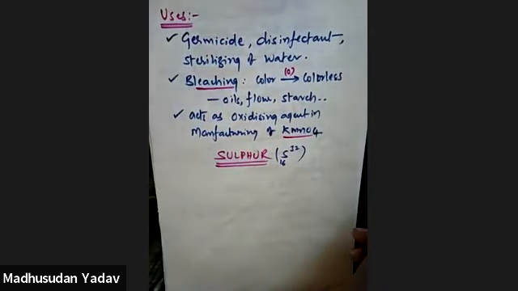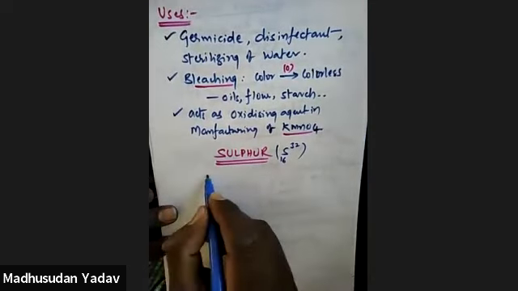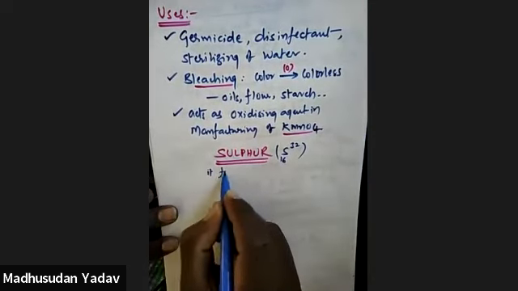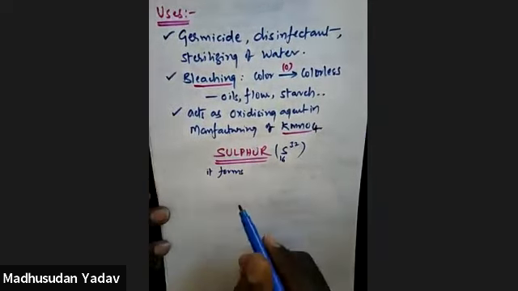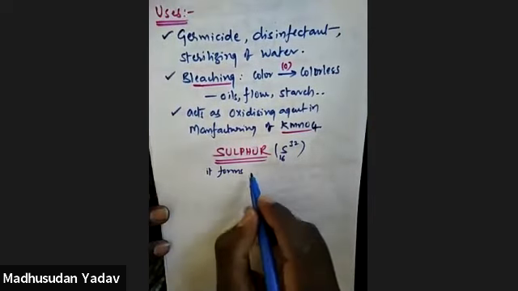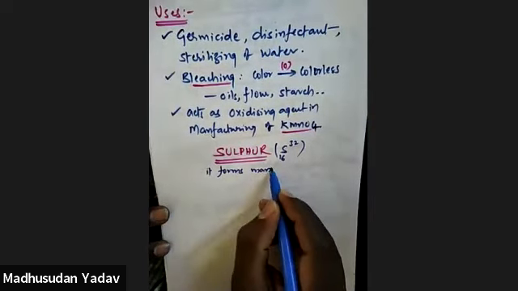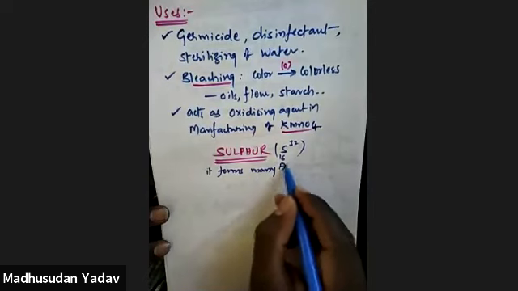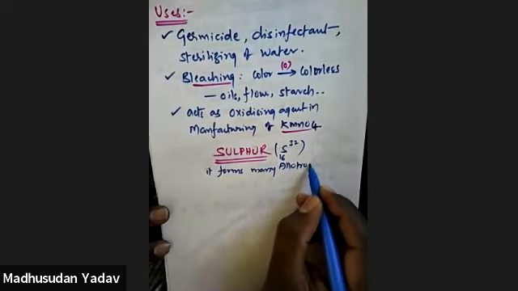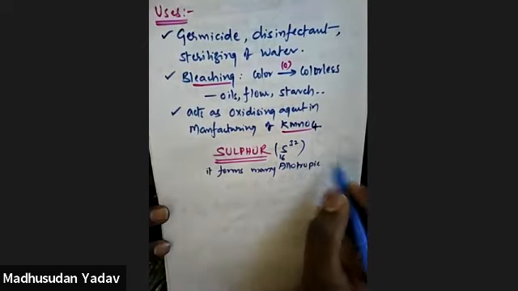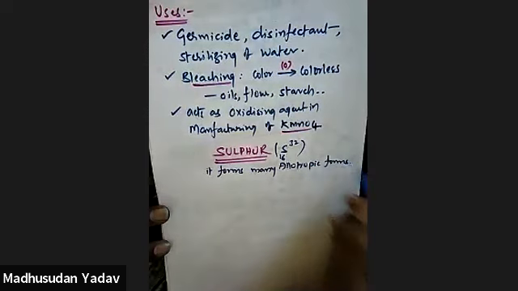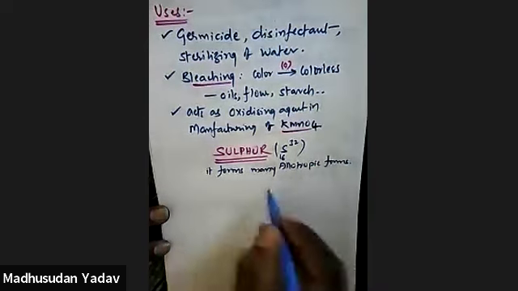Sulfur forms many allotropic forms. It exists in many allotropic forms, but only a few of them are important.